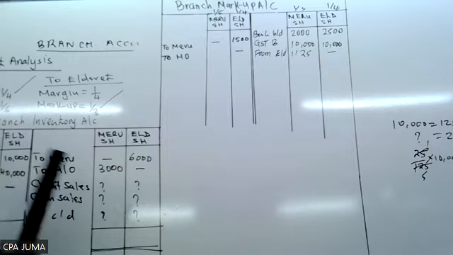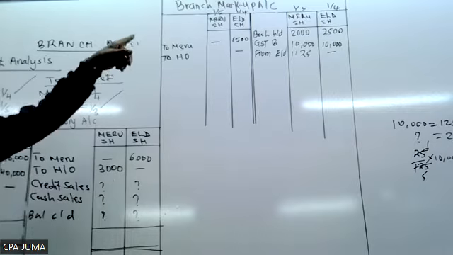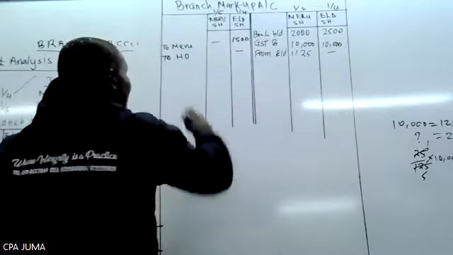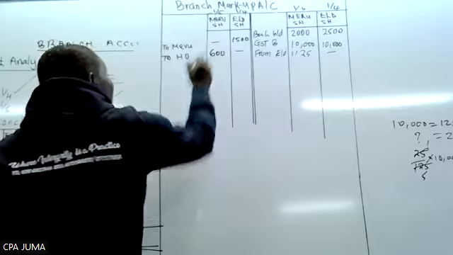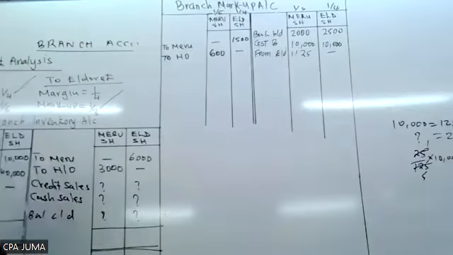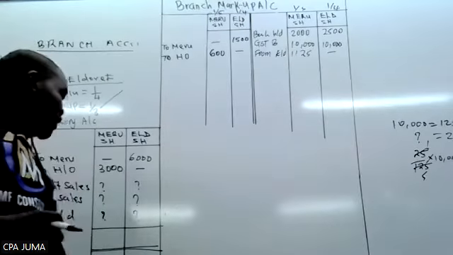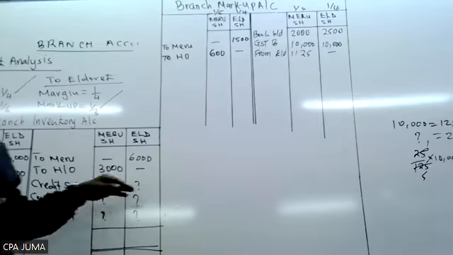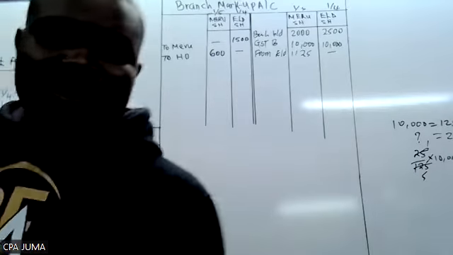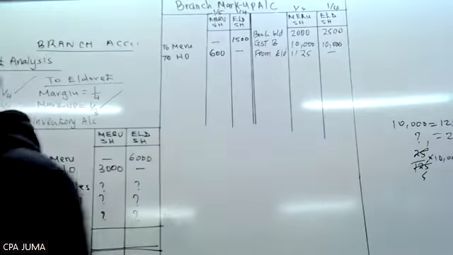Meru. The returned goods was 3. The margin is 1 over 5, so how much profit was being expected initially? 600. Then there is one which is not here and should be captured. Go back to the question.